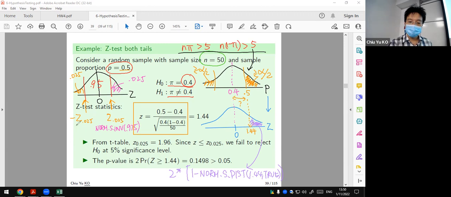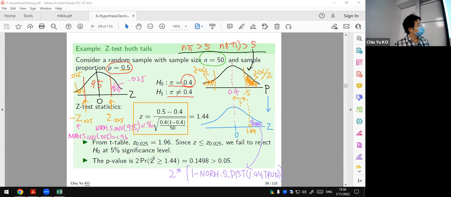And the other one will be just norm.S.inv of 0.025. And this is negative 1.96, and this is 1.96.